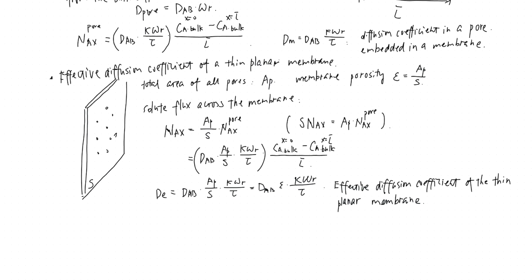Now you think about how interesting it is. We can, just by exploring the geometrical factors and all the factors, and connecting the flux within the pore versus from the bulk part, get this for the membrane.